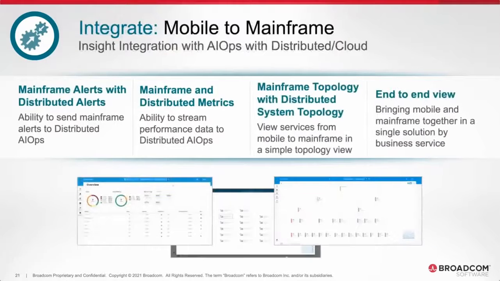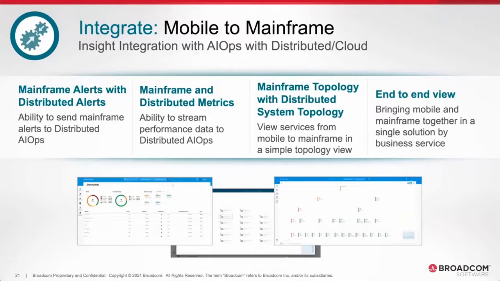Now, one thing we do talk about is, your AIOps solution should enable integration from mobile to mainframe, right? Again, it's important so that you get the context of where there may be issues coming from the distributed side of the house. That means that we want to share alerts with distributed as well as consume their alerts.